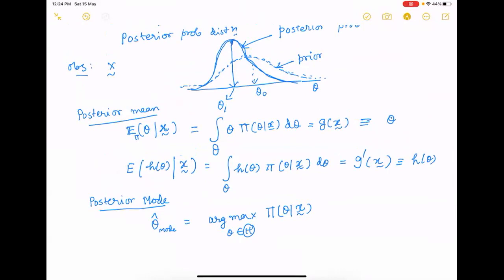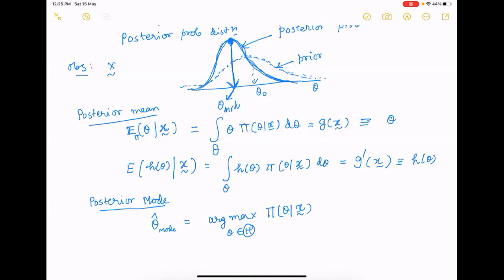So this is my posterior distribution, right? I'll try to find where it is highest. The corresponding value is my posterior mode, and I can use that also as my estimate of theta. So either I can use the posterior mean or I can use the posterior mode.